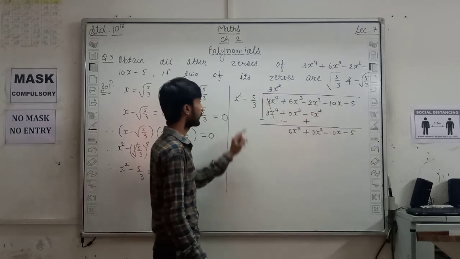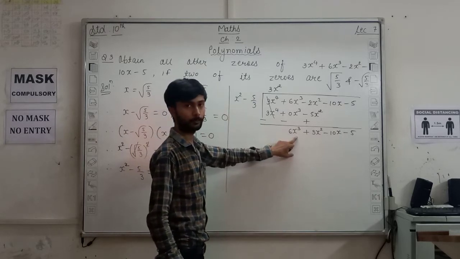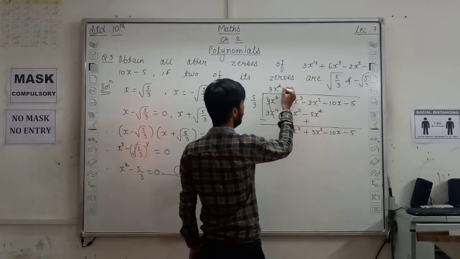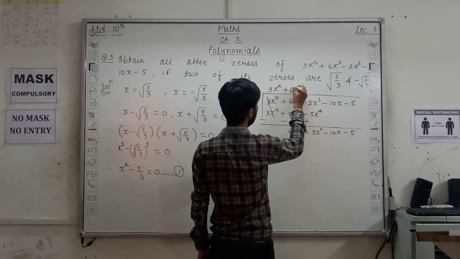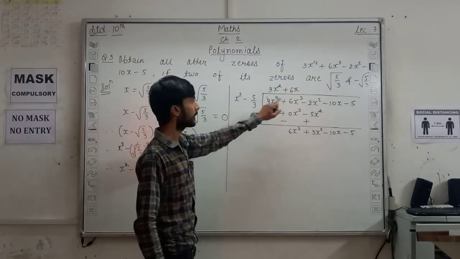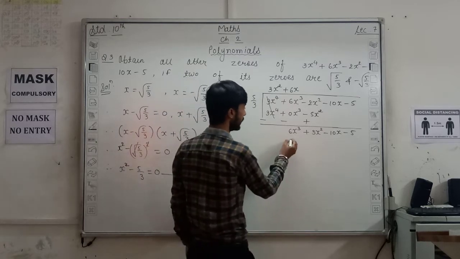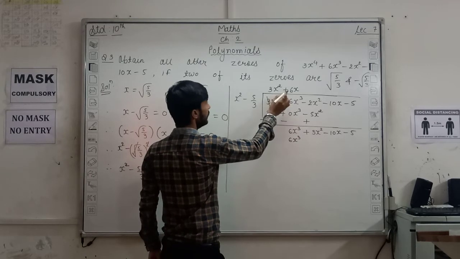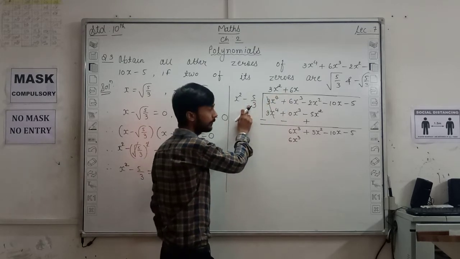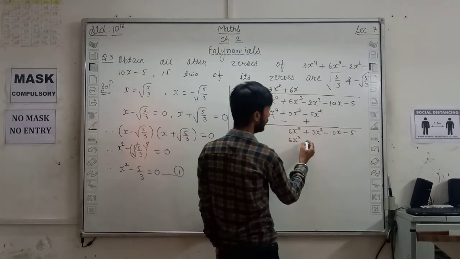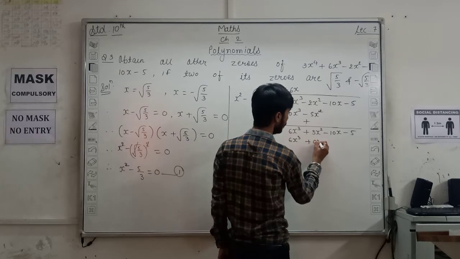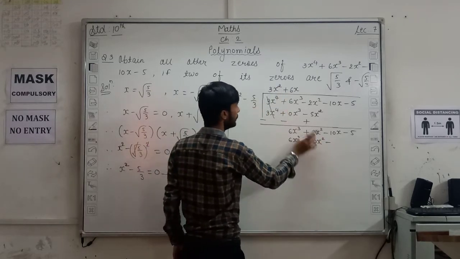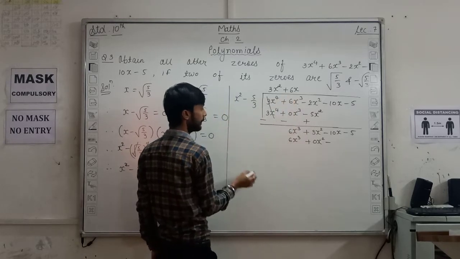Okay, now x² and x³, so 1x and 6, so multiply by 6x. Now 6x into x², that is 6x³. 6x into 5 by 3, that means the x² term is 0x², minus 6x into 5 by 3.